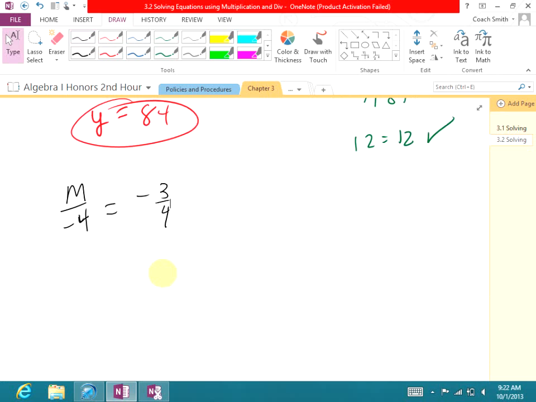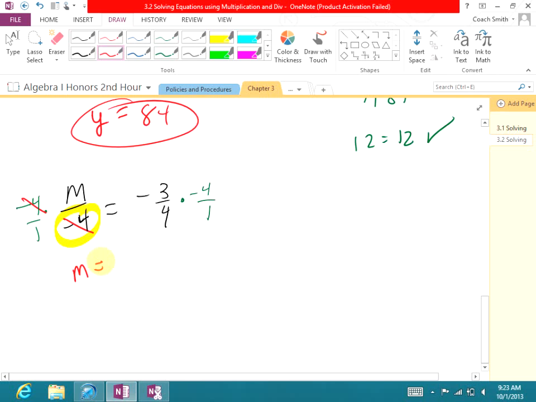So to solve that, I'm dividing by negative 4. So the inverse of that would be to multiply by negative 4 to both sides. Okay? So I have to do the same thing over here. On this side, those cancel out, leaving me with M.